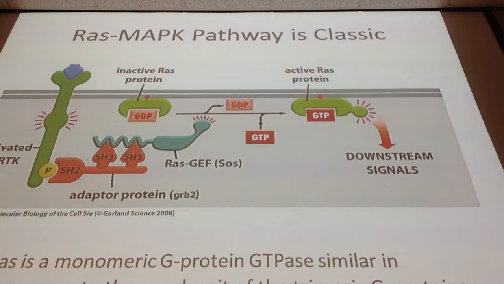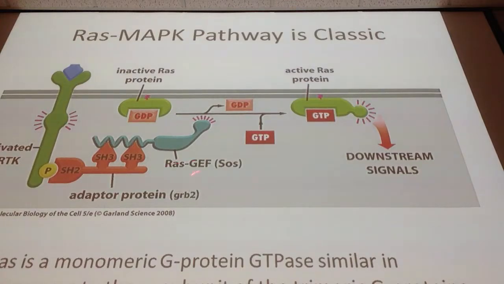Okay. So then, however, RAS is usually a soluble protein. So somehow, remember, enzymes are always recruited to the membrane because that's where the substrate is. The enzyme is recruited because the substrate is stuck in the membrane. In this case, the substrate is RAS, and RAS is stuck in the membrane.